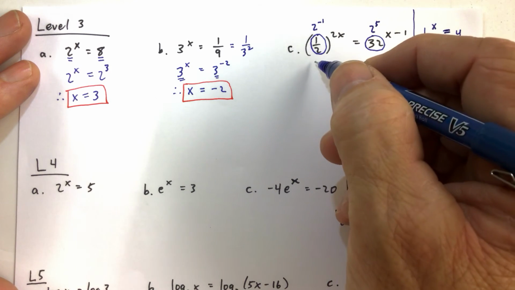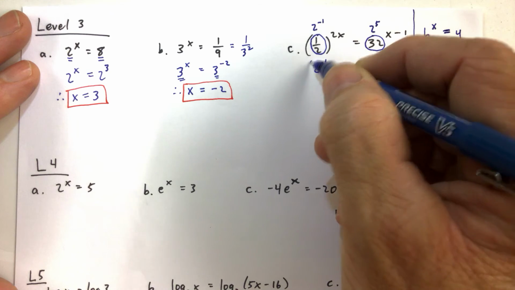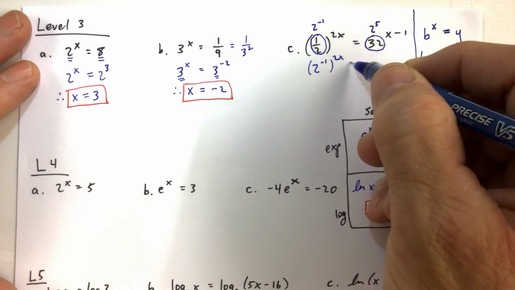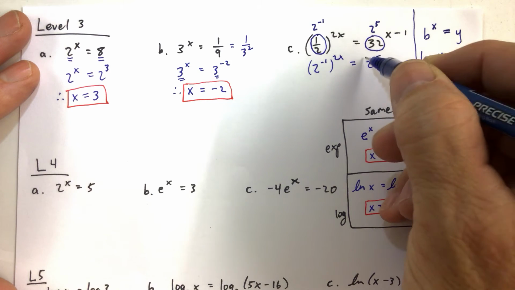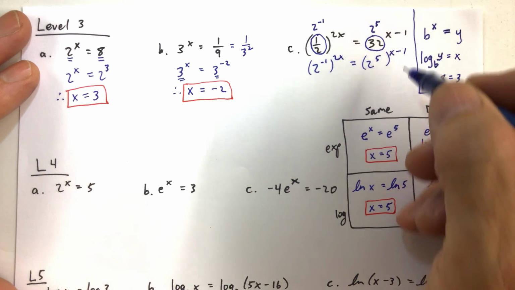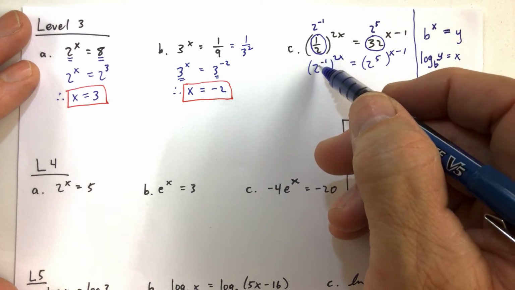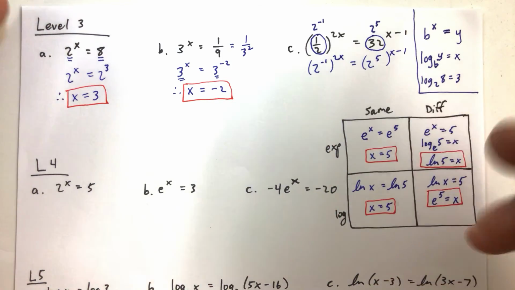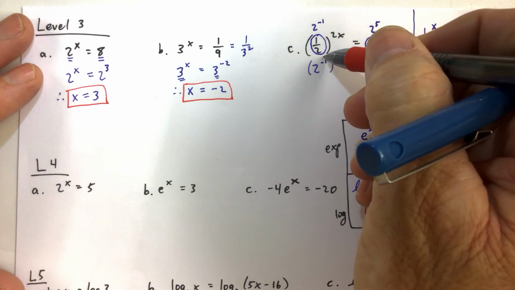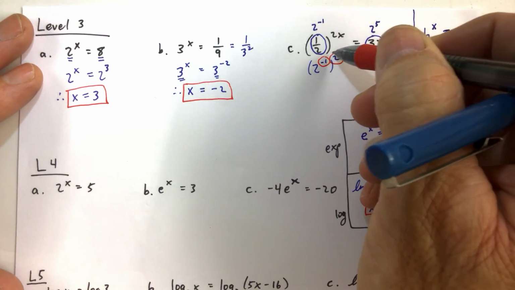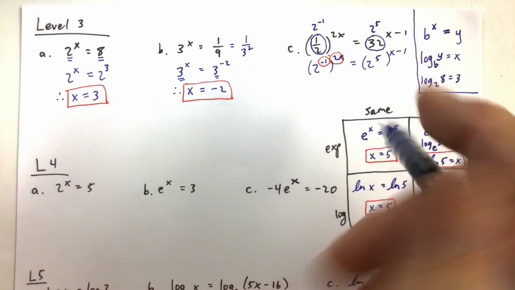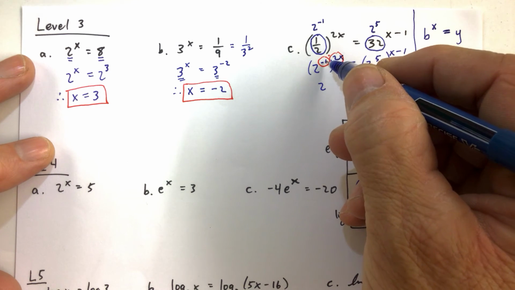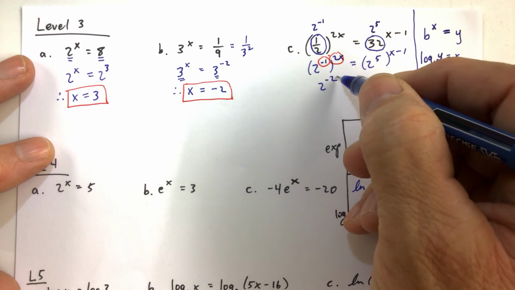So what we want to do is rewrite each of those numbers, 1/2 and 32, as a power of 2. Once we do that, we can still raise those numbers to the exponents by using the other property of exponents, and that is when you have a power to a power, we multiply, and so we can rewrite the left side as 2 to the negative 1 times 2x, which would be negative 2x.